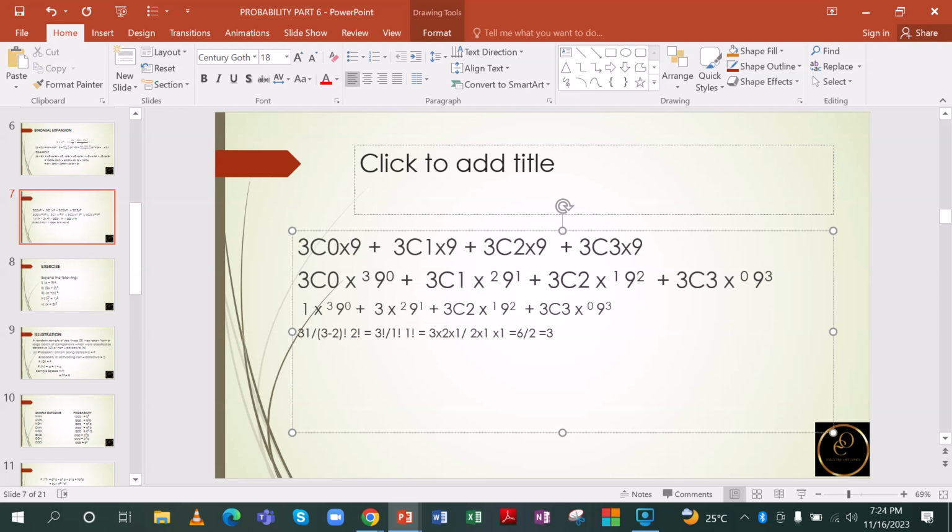Then times 2 factorial. All together? Yes. So apparently it will be the same as this one. So what will swap here is the denominator. Here it will be 1. Here it will be 2 times 1. So it will still be 6 over 2, which is equal to 3. Are we together? Yes. So it means that the coefficient here will again be 3. Okay.